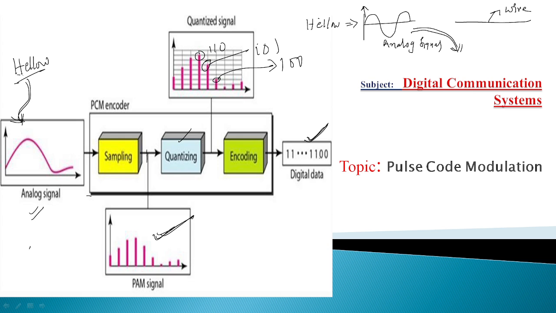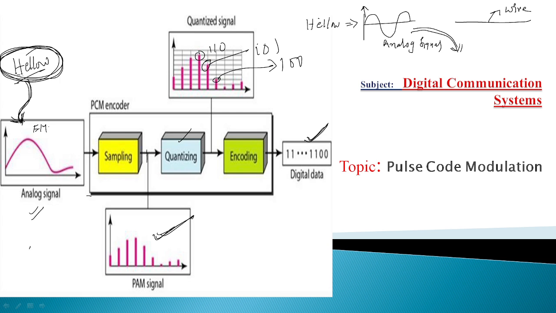For example, this is the output for the signal. So you can say this is a physical hello signal, just an assumption. You said hello here. This is converted into an electromagnetic wave, an EM wave.